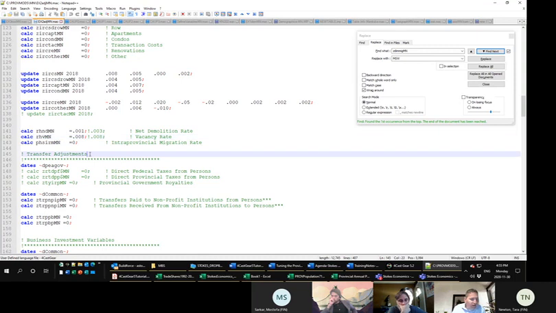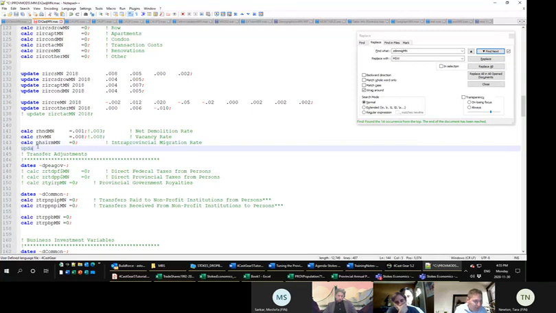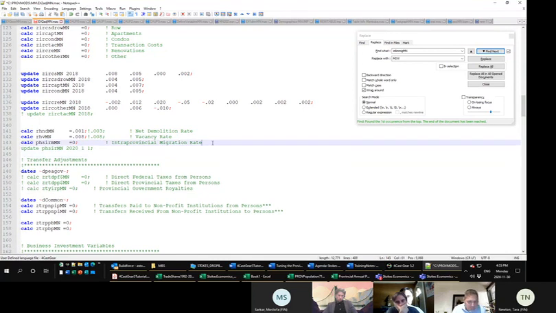And this is that other component I talked about, to represent the urbanization trends, things like that, intra-provincial migration. I think this is a level adjustment. So you could say that maybe we need an extra 1,000 units in the city of Winnipeg for the next couple of years, and you could then just put in an update command here, PHS and 2020, say 1.1, that kind of stuff.